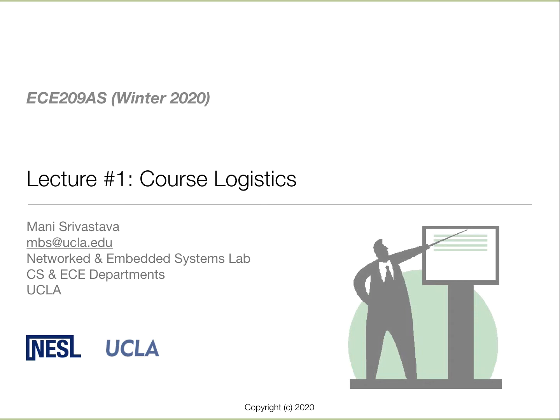Okay, so this course 209 AS is a special topics course, and the focus is on security and privacy issues in embedded systems, cyber physical systems, or Internet of Things. So that's what this course is about. The takeaway I would like from this course is the set of problems that arise in security and privacy that are distinctive relative to the kind of issues you face in general purpose computing.